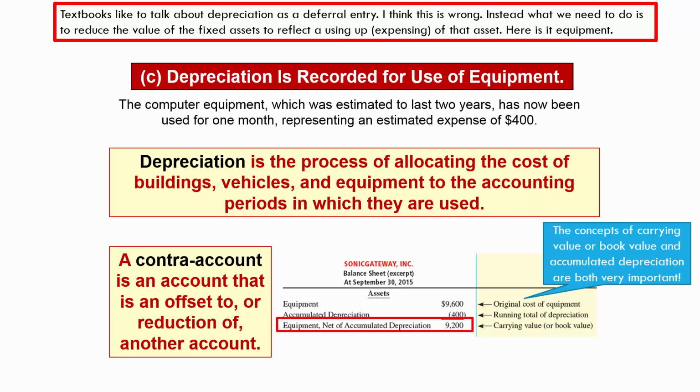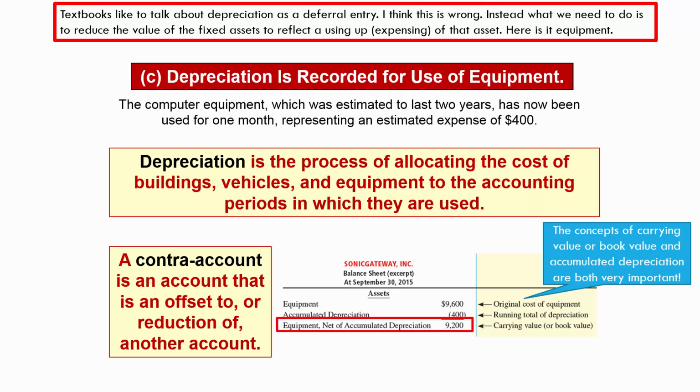But it's important for us to keep track of the amount of depreciation that's been taken on every asset. The reason why is because the reader of the financial statement wants to know how used up the equipment is.